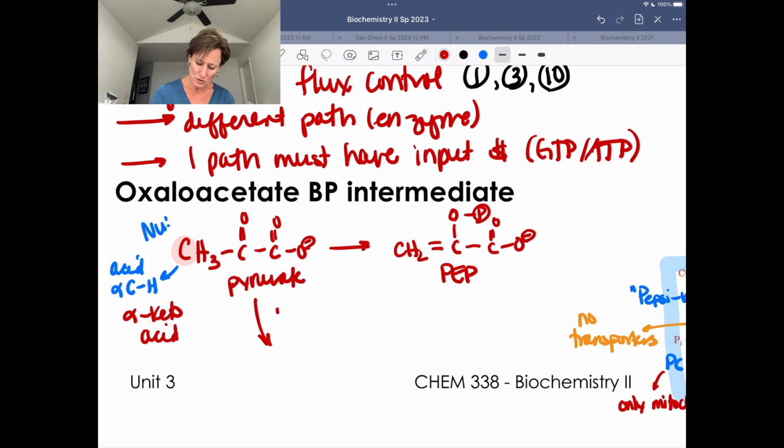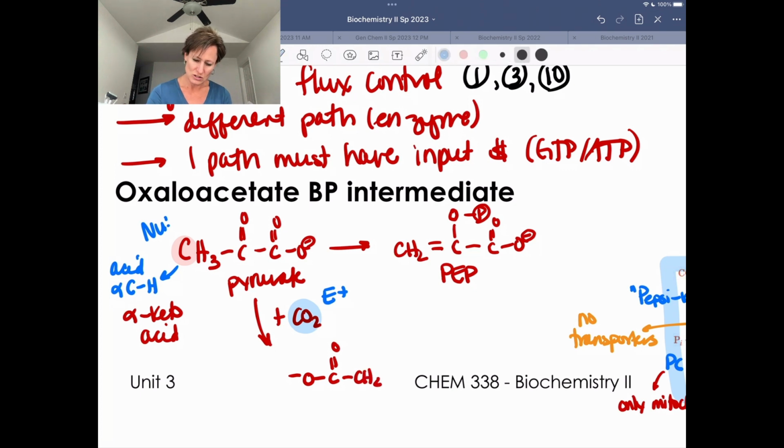Okay, and what we're going to do is add it to carbon dioxide. So carbon dioxide here, and as we're going to see in a future video, this is actually going to be in the form of bicarbonate. Okay, but we know that carbon dioxide is a good electrophile. And we're basically going to be adding CO2 onto this terminal carbon, and we're going to get oxaloacetate. All right, so there's the CO2 that we added.